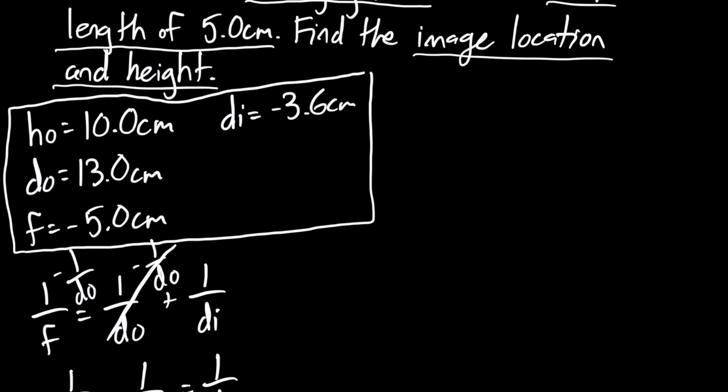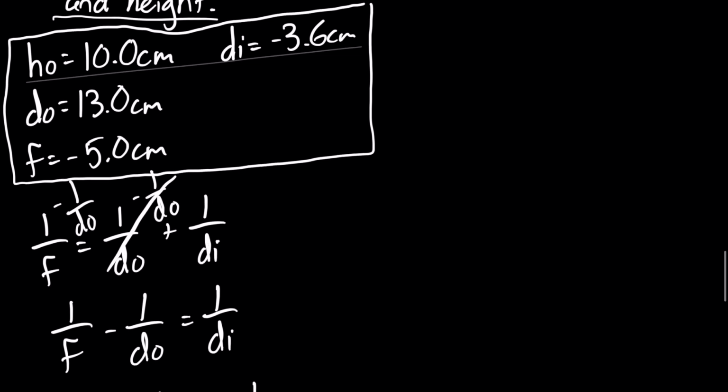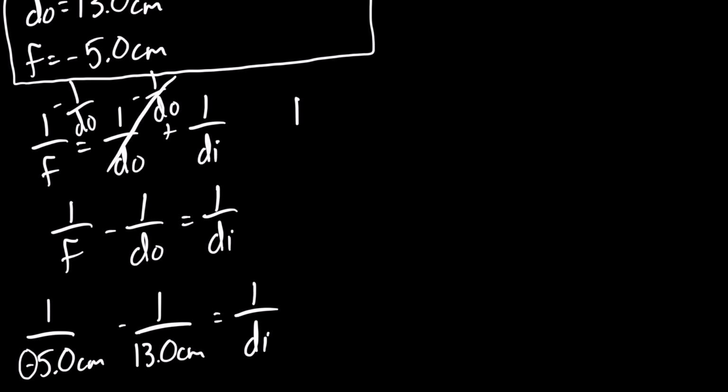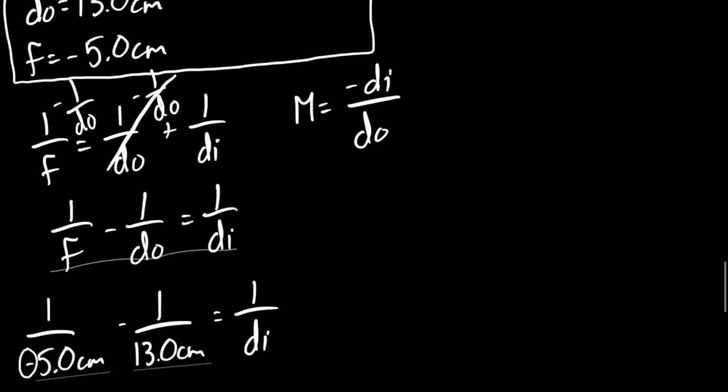All right. So now the next thing we need to find is the image height. However, there's no formula that we can use right now that'll take us directly to image height. We must first find magnification like we did in the last example. So again, we will use m equals negative di over dO, since we have both di and dO now. So input our values here.